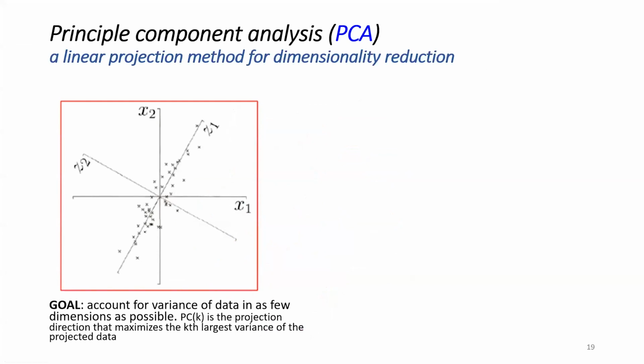Talking about embedding, one of the easier ones that everyone understands is principal component analysis. It's a linear method. It looks for the axes of variance and gives you a new coordinate system with the so-called principal components.